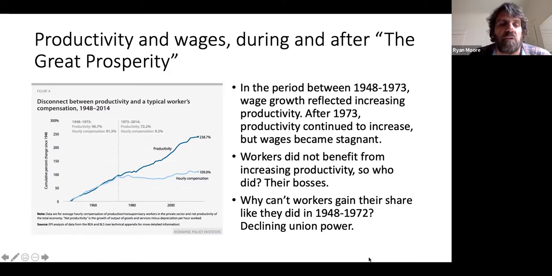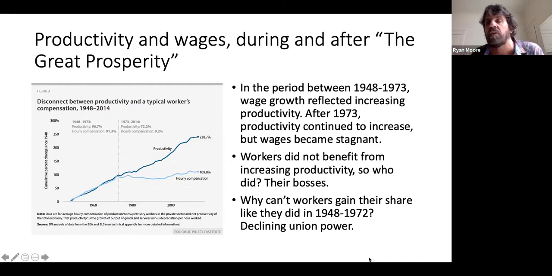In the period between 1948 and 1973, the productivity of the economy overall was growing, right? So we were producing more outputs, more goods and services, and workers' wages increased at the same rate as productivity.